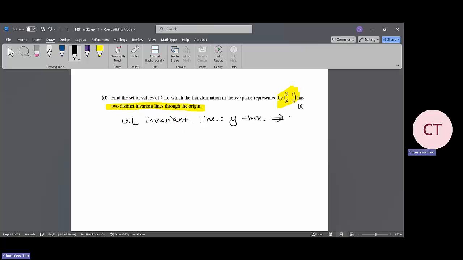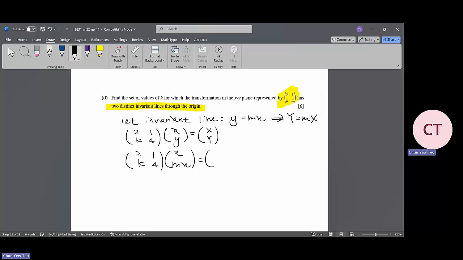Then your image will be y equal to the mx. So transform the xy to become xy. And you will get 2k14 of x mx equal to the x mx.